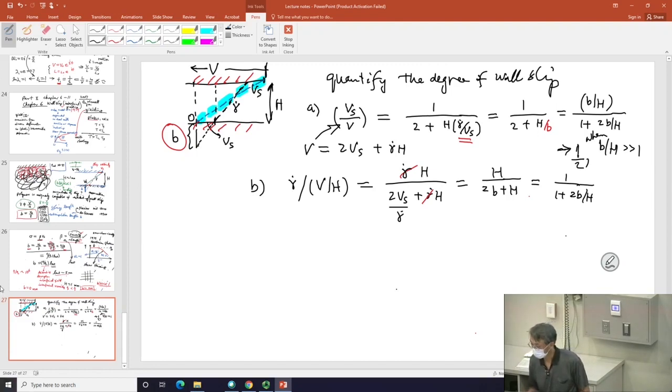Again, I give you the opposite limit. When B over H is very small, this ratio approaches 1.